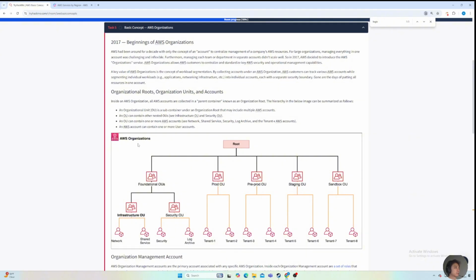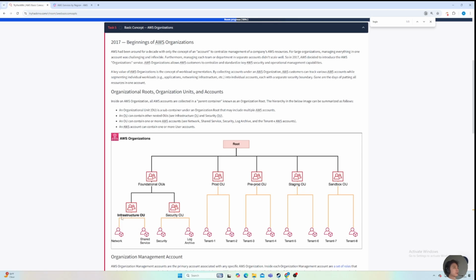An OU can contain nested OUs, see infrastructure OU and security OU. So right here, these are OUs, and within these OUs we have sub OUs, infrastructure, security. An OU can contain one or more AWS accounts. See network, shared services, security, log archive, and other AWS accounts. So these are going to be the AWS accounts within the OU.